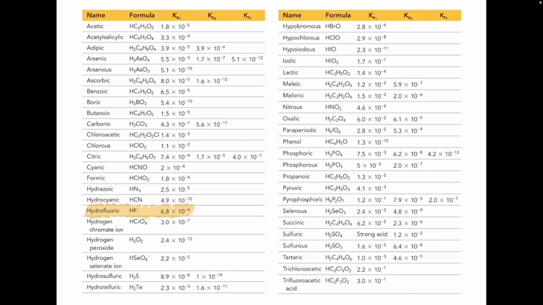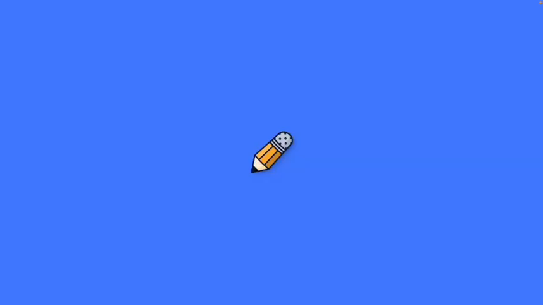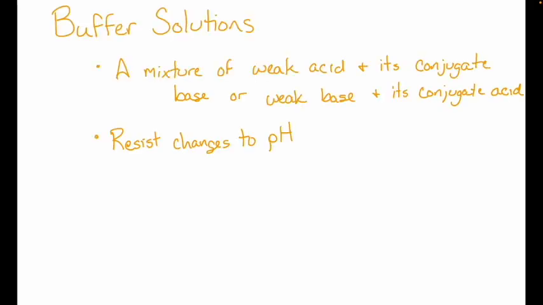If I wanted to make a buffer with hydrofluoric acid, I would take a mixture of HF and its conjugate base, the fluoride ion. If I take a little bit of hydrofluoric acid and then some fluoride ions and mix them together into the same solution, I will have created a buffer.